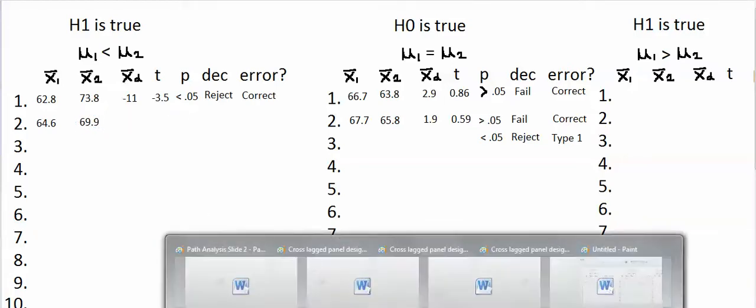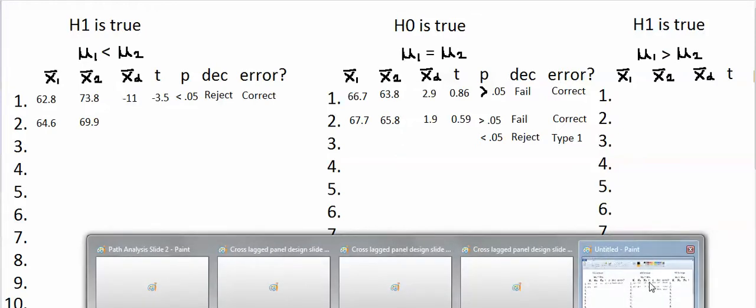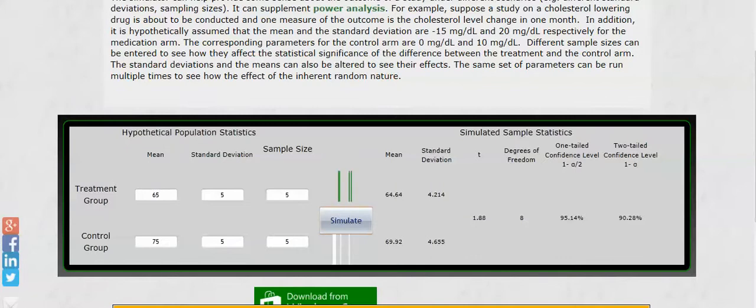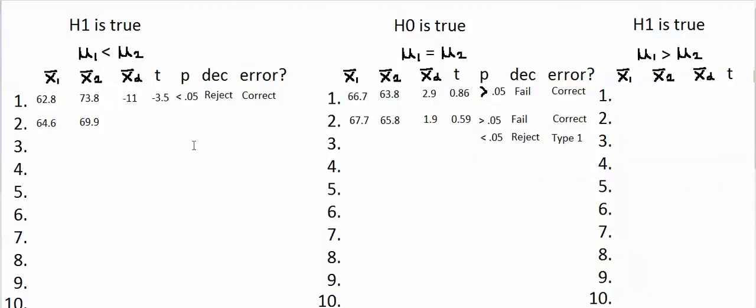The t-score was 1.88. Actually, negative 1.88 because this is lower than this. Sorry, that's actually the t.